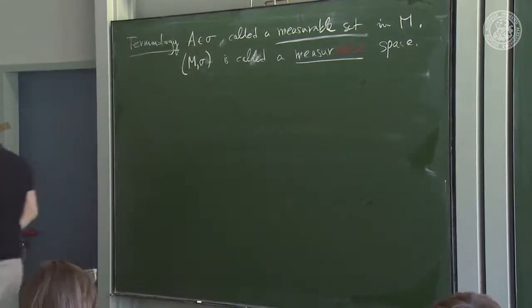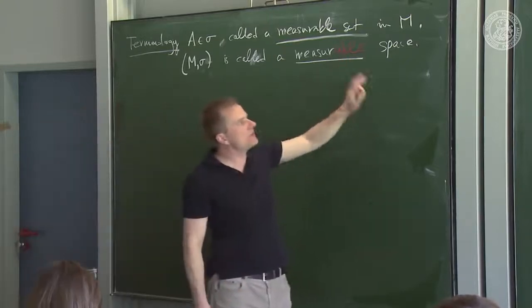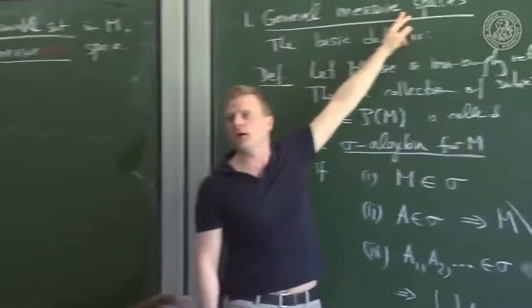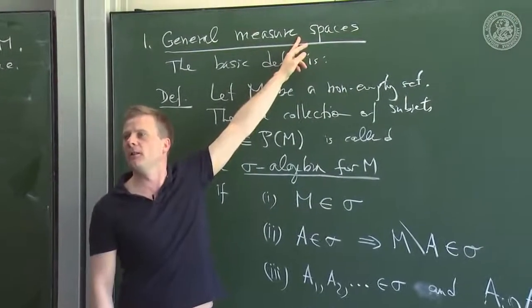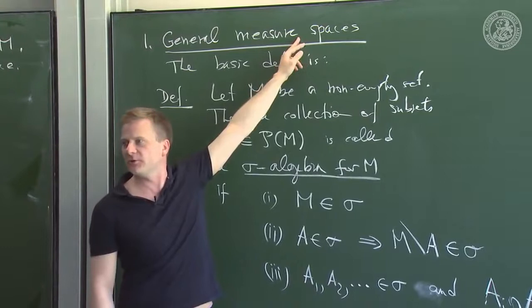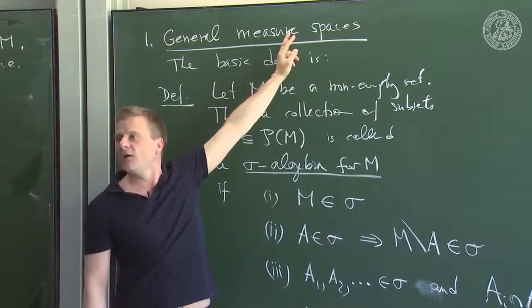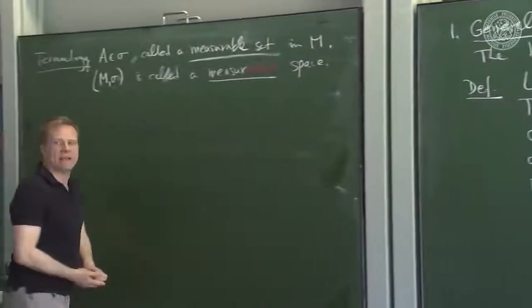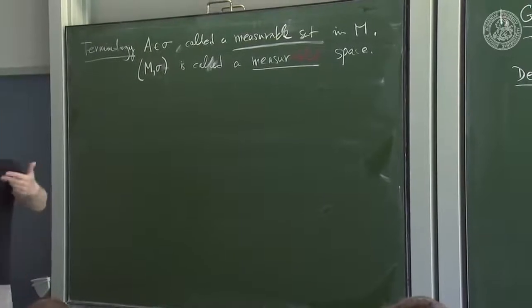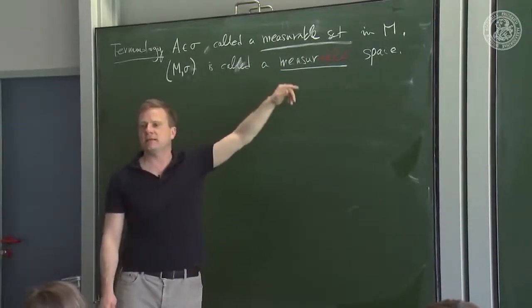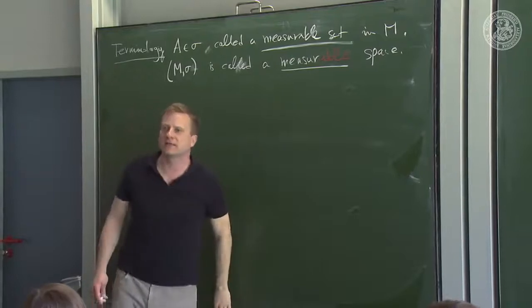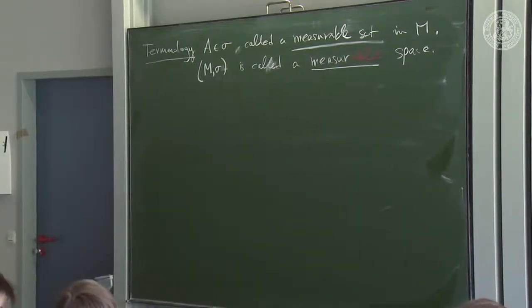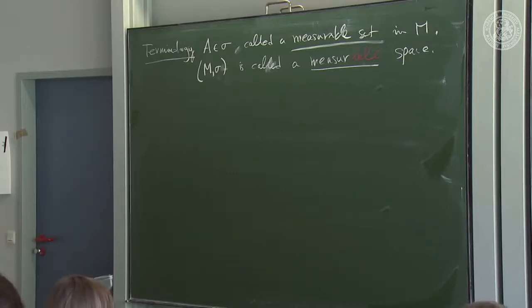Why I write this measurable here in red is because already in this headline I had general measure spaces, not general measurable spaces. Well, I'm not responsible for the terminology, so don't shoot me. I'm just pointing it out. We'll soon define what a measure space is. A measure space will be a measurable space plus a measure, which is a map that assigns to each measurable set a number, which then will be the volume of that set. Okay, so this pair is called a measurable space.